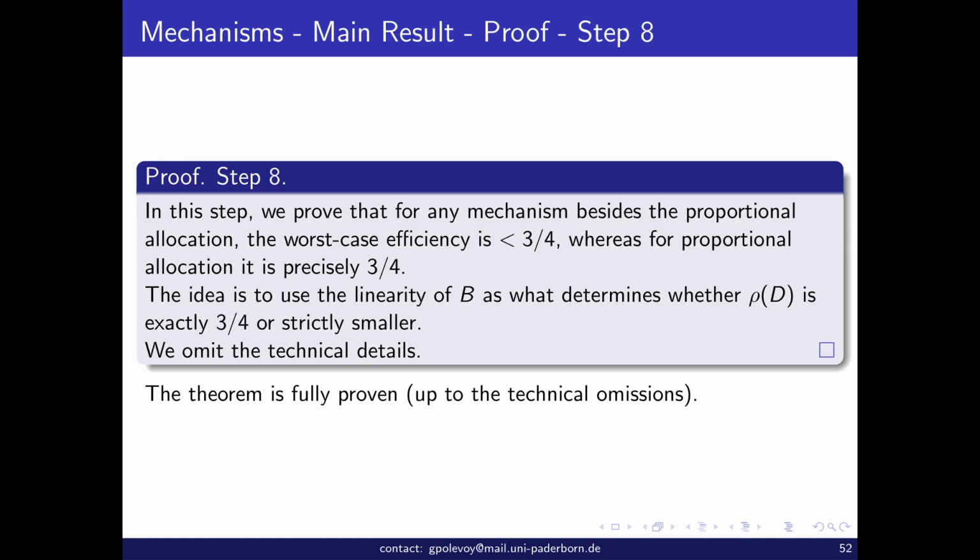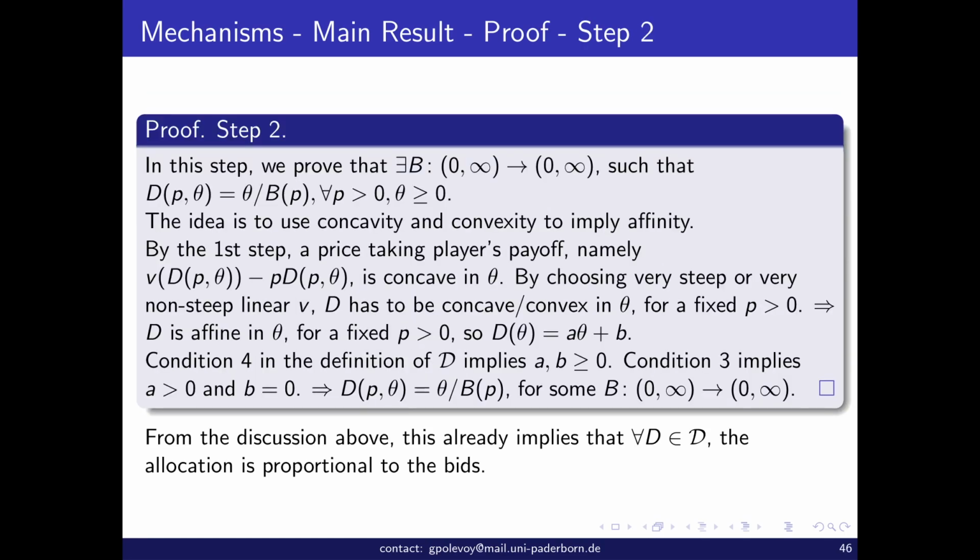And if it's not linear, then it's strictly smaller. And we omit the details. But we have thereby proven the third part of the theorem. And the theorem, up to those technical omissions, is fully proven.